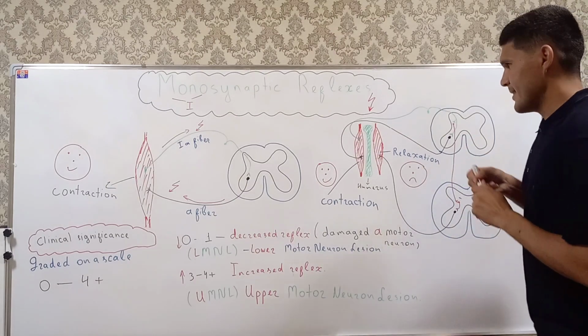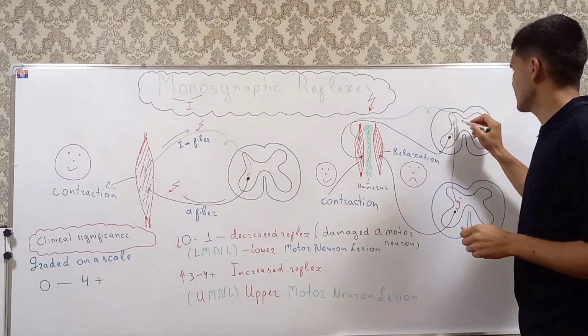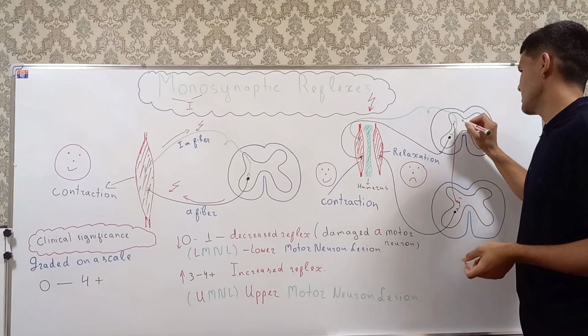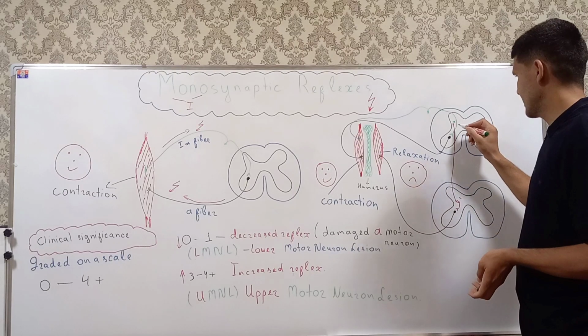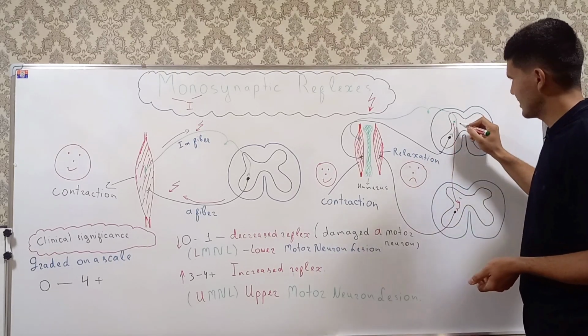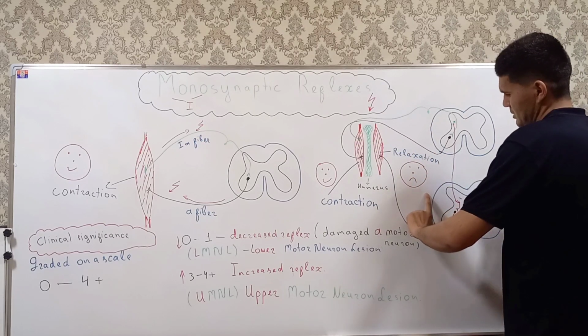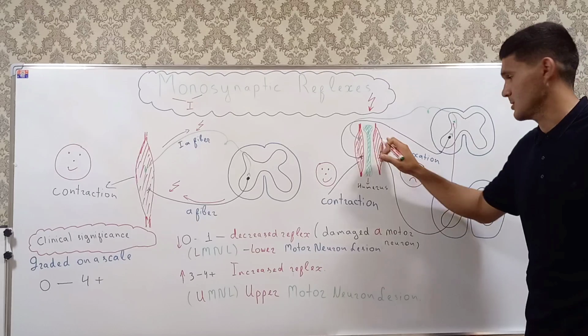When the 1A fibers carry information to the gray matter, they not only synapse with alpha motor neurons. At the same time, they synapse with other neurons that connect this spinal segment with another spinal segment responsible for innervating antagonist muscles.